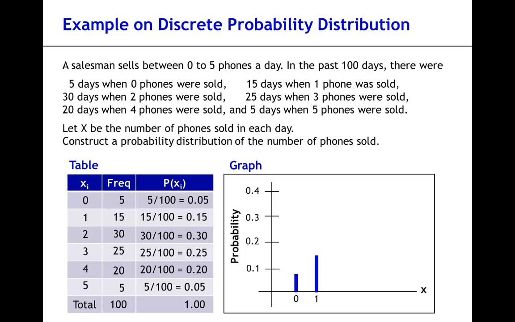When x equals 2, probability is 0.3. When x is equal to 3, probability is 0.25. When x equals 4, probability is 0.2. When x is equal to 5, probability is 0.05. And we have got ourselves the probability distribution.